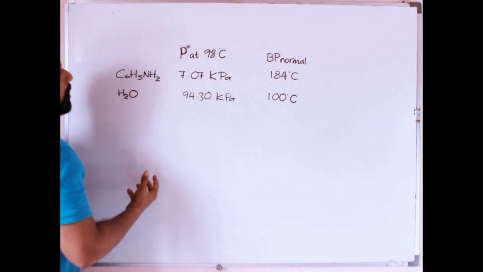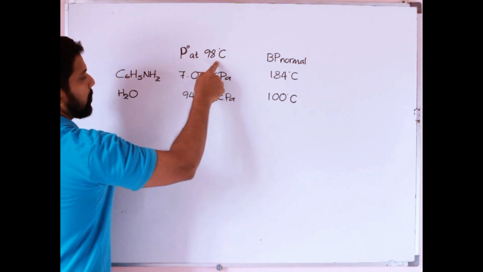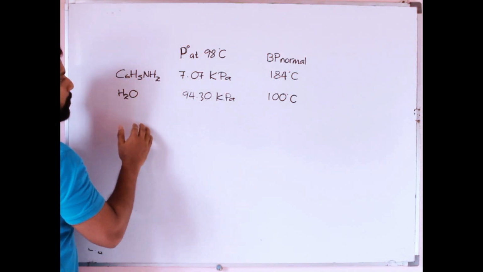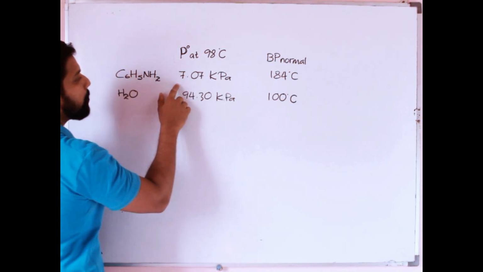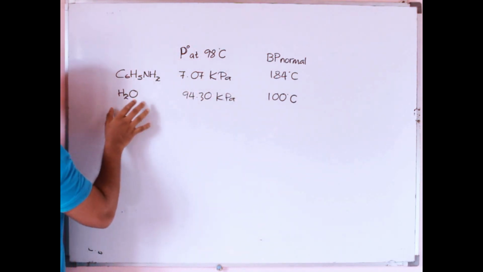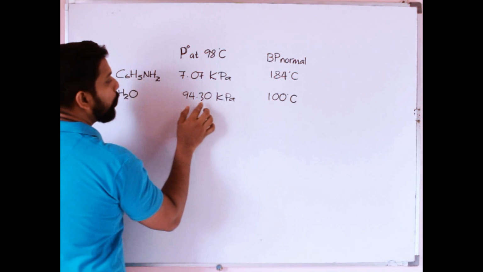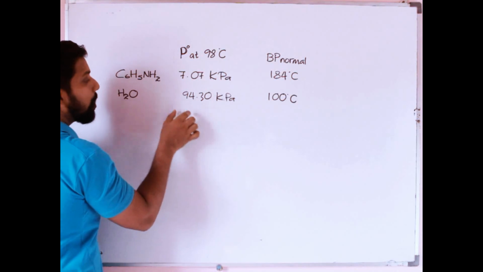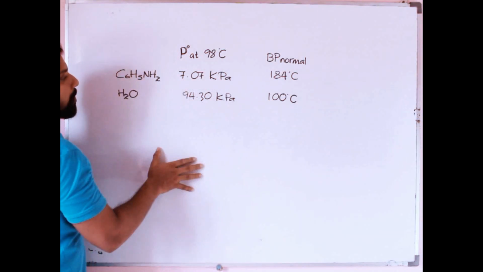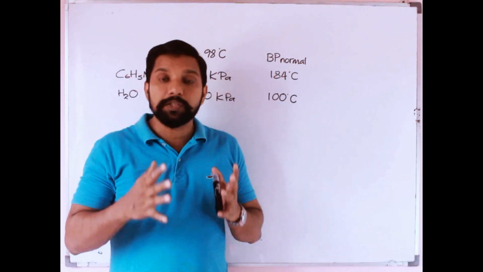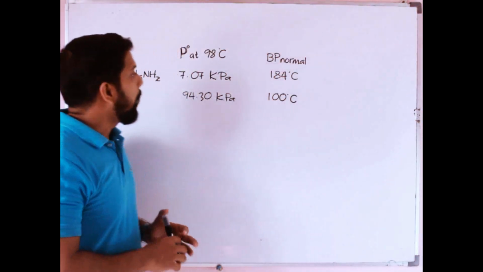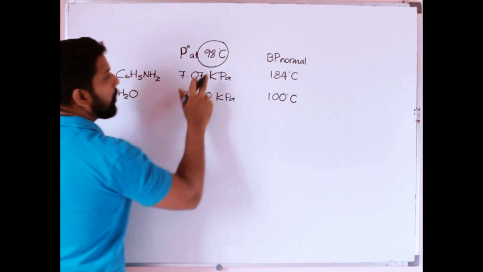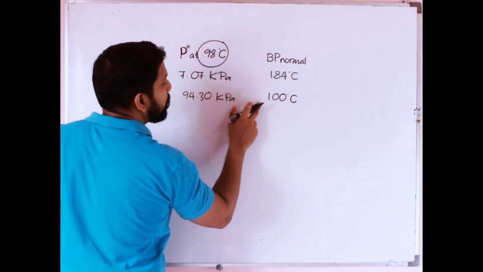When you heat the mixture at 98 degrees Celsius, the saturated vapor pressure of phenylamine becomes 7.07 kilopascal and water is going to become 94.30 kilopascal. So when you add them up, this will exceed 100 kilopascal, which is the atmospheric pressure, which means the mixture is going to boil. And the mixture is going to boil at 98 degrees Celsius, which means it has the boiling point less than both of them.